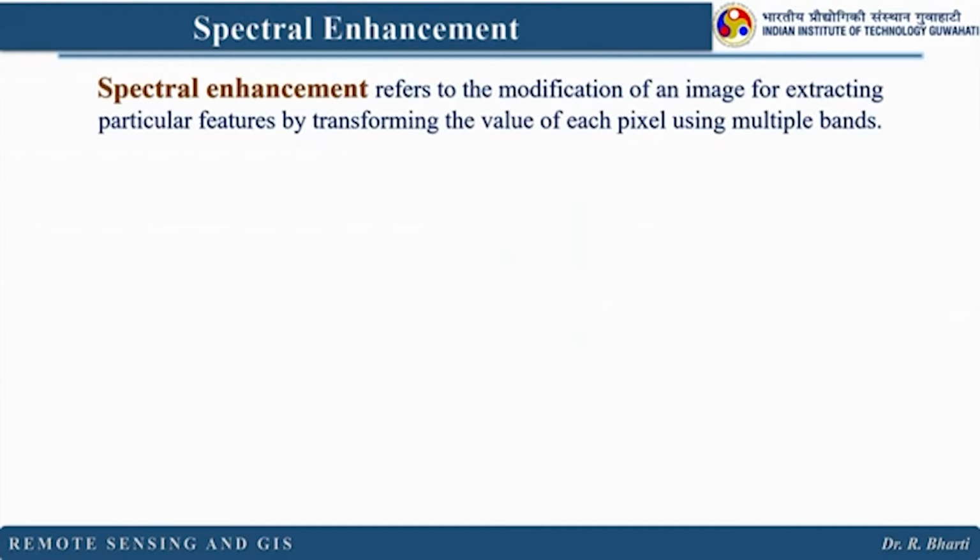Now, this is the definition of spectral enhancement. It refers to the modification of an image for extracting a particular feature by transforming the values of each pixel using multiple bands. So here multiple bands means we are using either multispectral data or hyperspectral data.